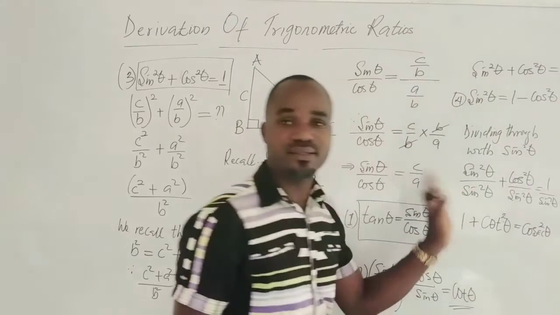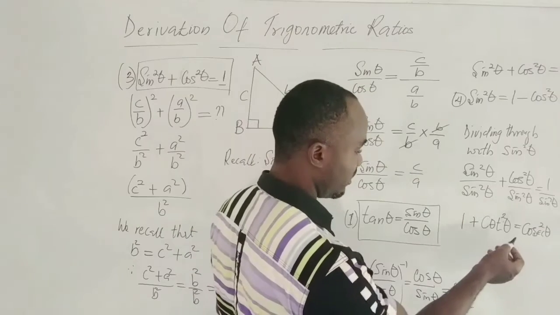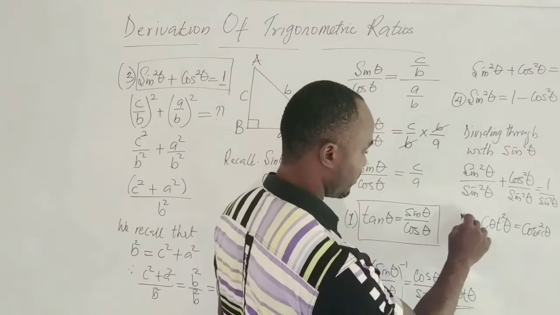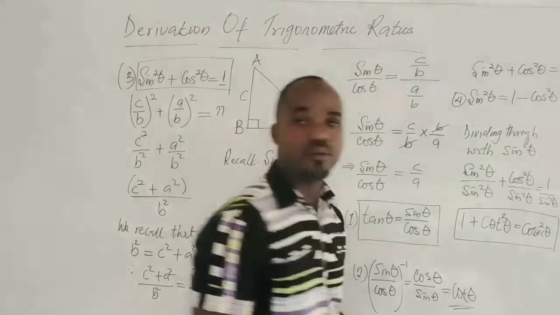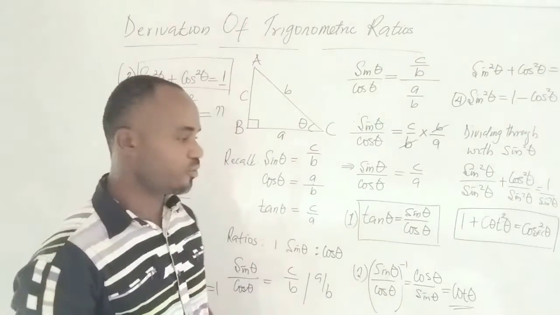So we have generated equation number 5. So this relation now is relation number 5.